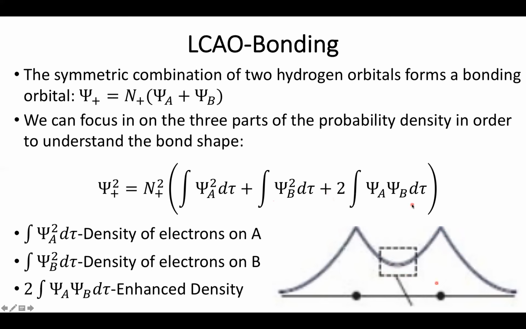So what we're really going to be trying to look at is how I can describe the energy of this system. We can think about breaking this into several parts. First, I've got the electrons around this atom that will be attracted to this atom.